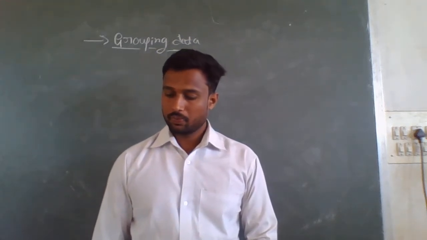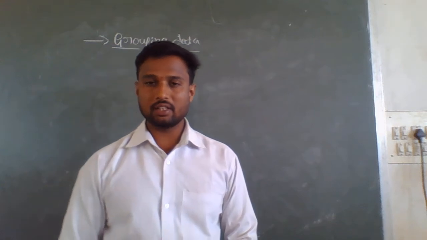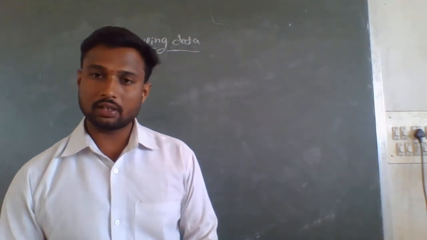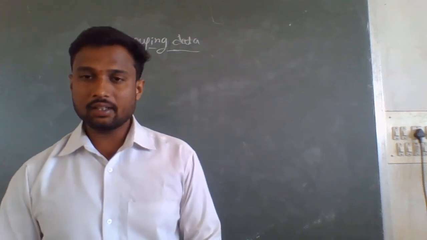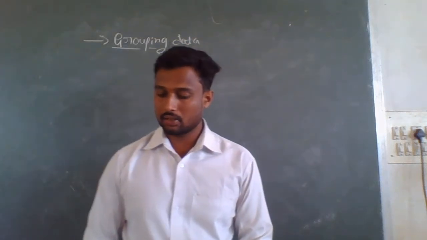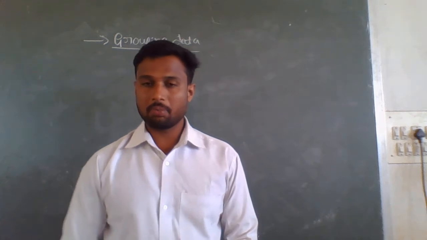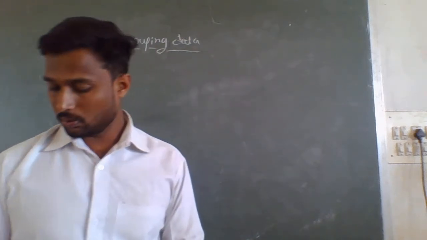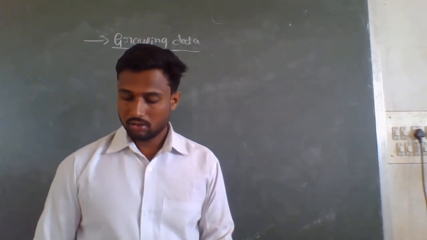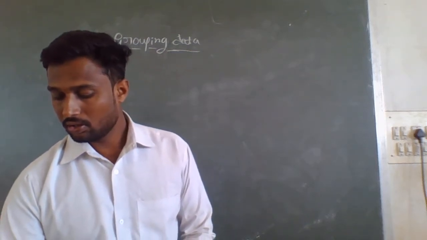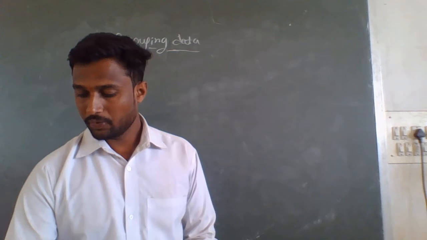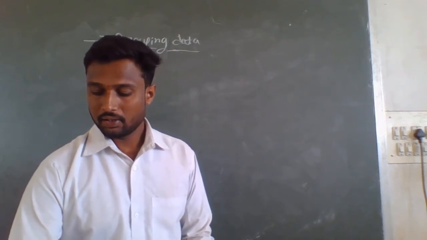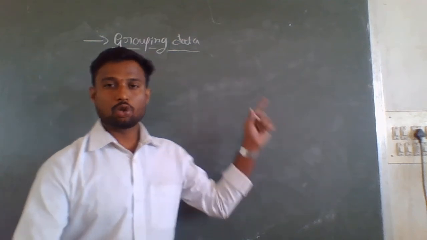But compared to that, now we are considering a little bit larger amount of data where 60 students are there in class 8 and we are considering their marks out of 50. So here they have given the marks of 60 students. Refer to this in page number 72, the example in grouping data.